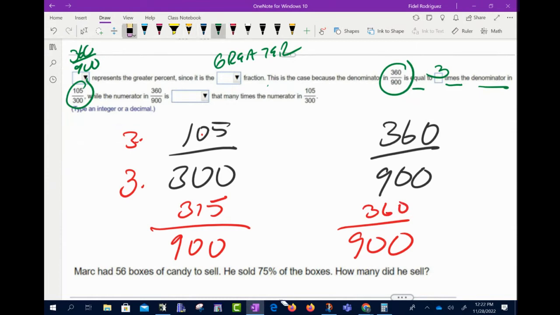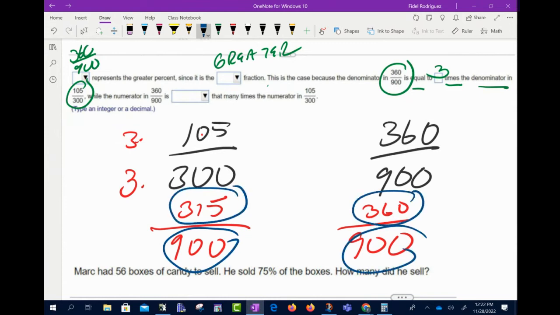Because the denominators are the same, now we're just going to look at the numerators, and that numerator is smaller. And that's why here we're going to say the numerator here is, in this case, greater than the numerator over here, because this numerator is bigger than that one there.